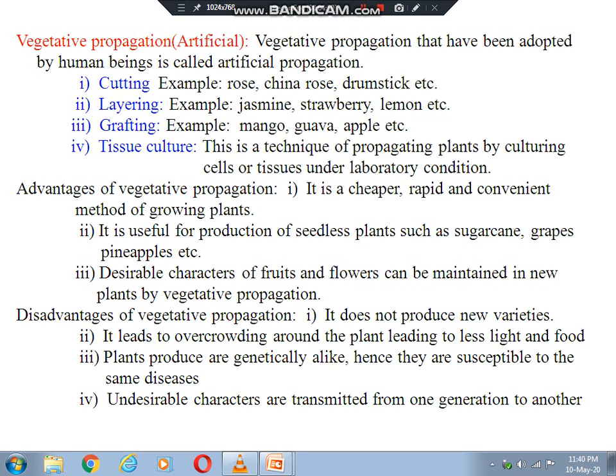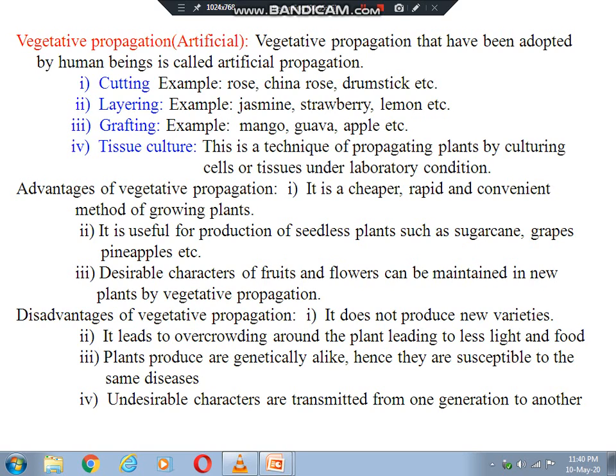Number 2, it leads to overcrowding around the plant, leading to less light and food. That means if a lot of plants are grown around the parent plant, then they will not get proper amount of sunlight and proper amount of food for their growth and development. So this is also a kind of disadvantage of this kind of propagation.